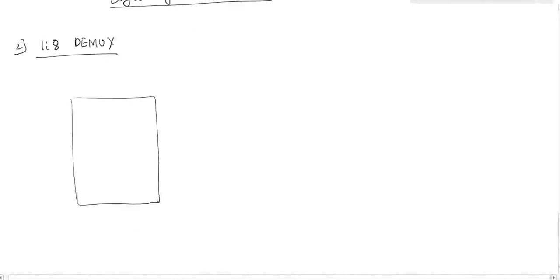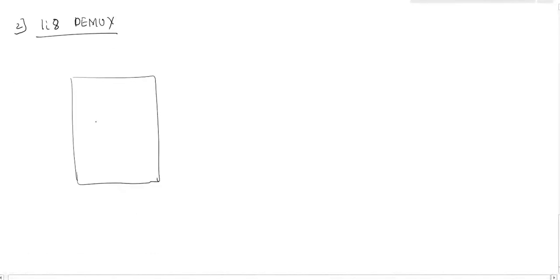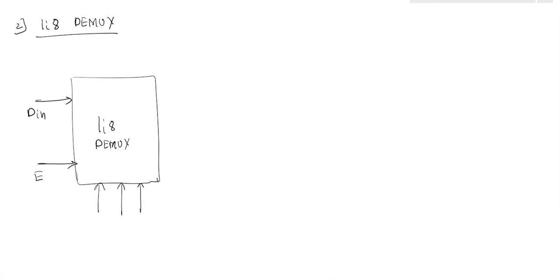This is the block diagram of 1:8 demultiplexer. There is one data input, one enable input and the select lines. Now when there are 8 output lines, 2 raised to n is equal to 8, so n is equal to 3.